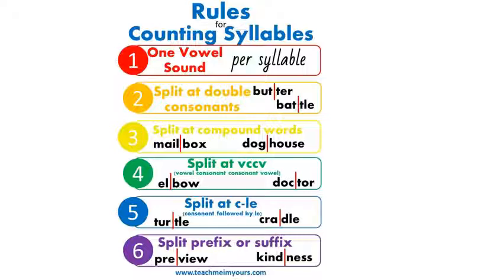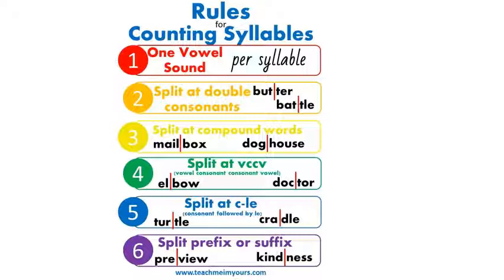Split at double consonants. That is, in butter, there are 2 syllables. Butter. Battle. There are 2 syllables. In the case of compound words, mailbox. Obviously, there are 2 syllables. Mailbox.